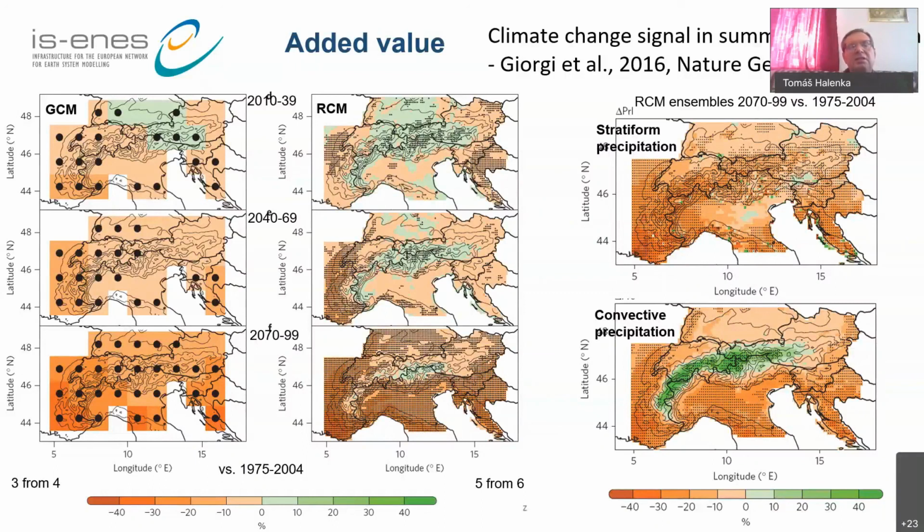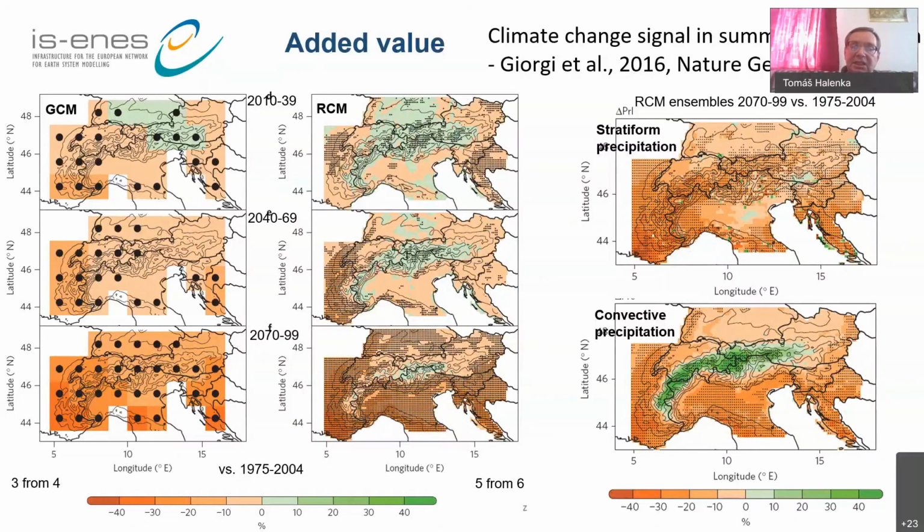There is a decrease in the vicinity of the real Alpine region, but on the Alpine ridge, you can clearly see that there is an increase of precipitation. That is really telling something and really modifying the signal you can get from the GCM, which is definitely a very nice example of added value you can get for impact studies or whatsoever.